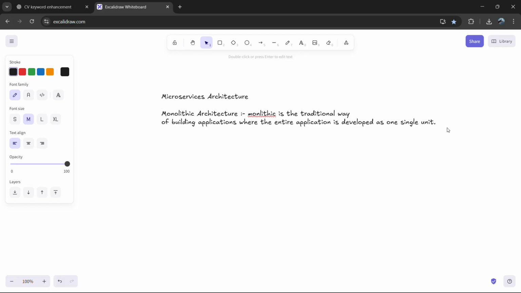Failure in one module can crash the entire application, reducing reliability. Testing also becomes harder as the system grows. So basically, in monolithic architecture the whole application is bound into a single unit.